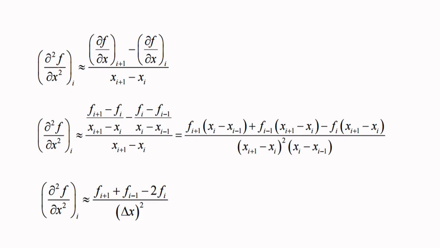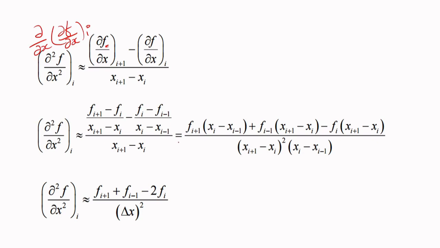So for dou square f by dou x square, similarly, using a forward differencing scheme here, it becomes dou f by dou x at I plus 1, because this is actually dou by dou x of dou f by dou x at I. So I am just replacing that f by dou f by dou x.